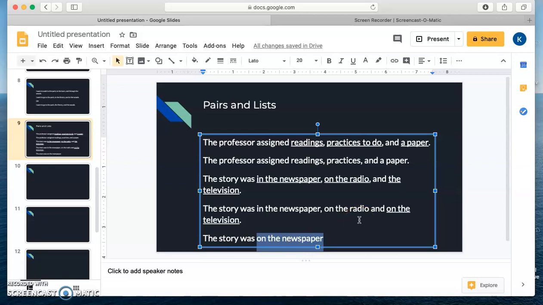We only say that it's in a newspaper. So unfortunately, the only workaround for this particular sentence is to introduce this phrase, on the television, because we don't say that things are on a newspaper. We're going to have to expand the prepositional phrases in order to make the sentence parallel. We don't really have another choice for this sentence, unfortunately.